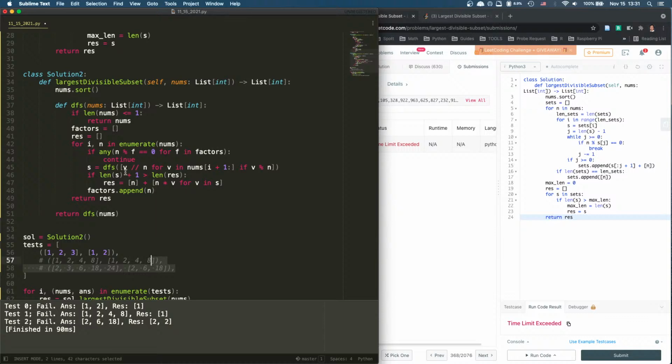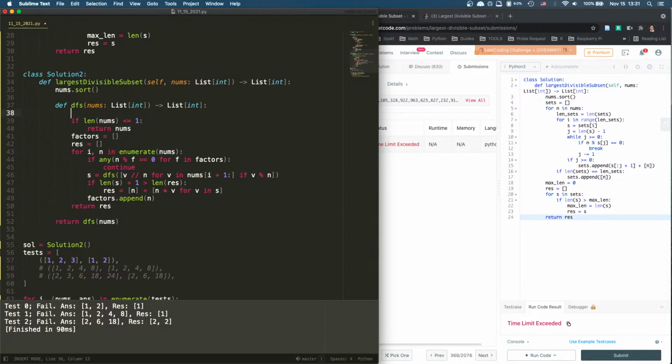So I don't do this, I'll do this. So s is going to be DFS. I is 0, so for these two, right? If v mod n, yeah, it can mod. So actually, let's print nums to see what we have.